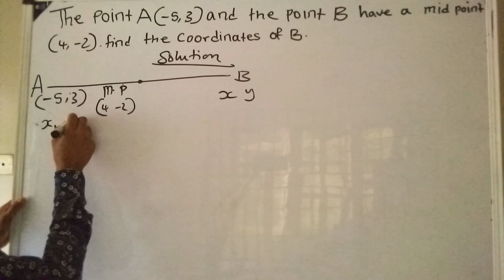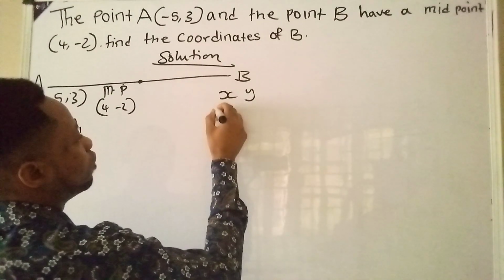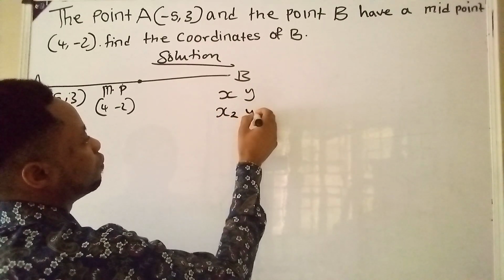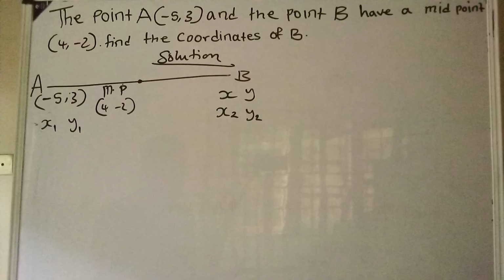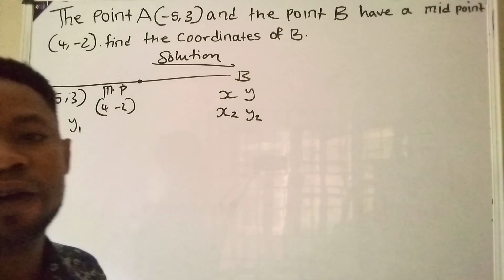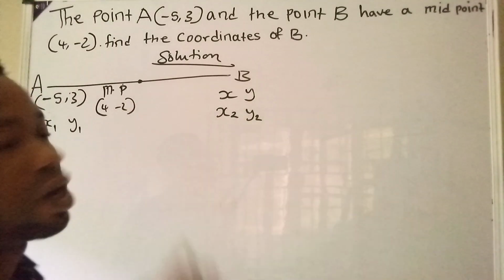So the next thing we have to do, we have X1, Y1, and here we have X2, Y2. Then there's a general formula for solving coordinates, because that's what we are asked to find here.